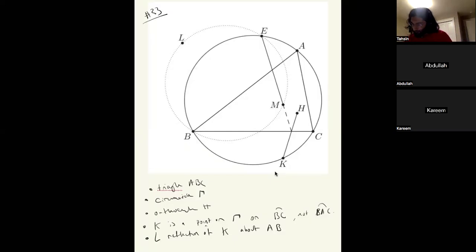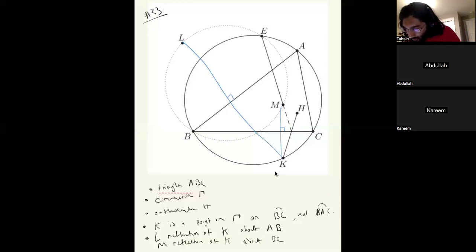So from K to L is like this, it's over AB. And from K to M is over BC, right?